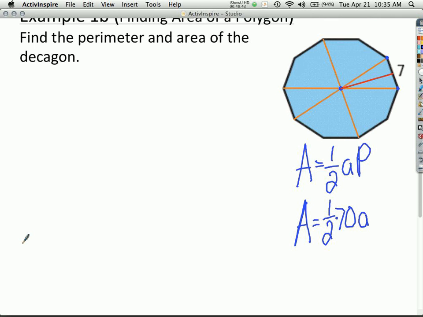Beautiful. So that was a great starting point. We now know that the central angle is 36 degrees. Good. Anyone go beyond that? I split 7 in half.